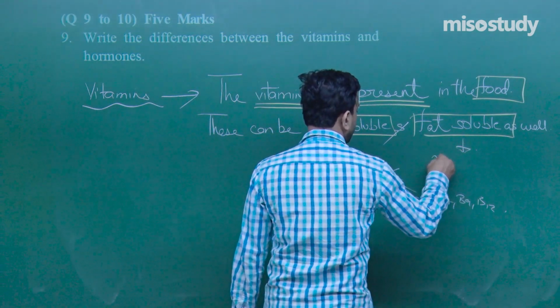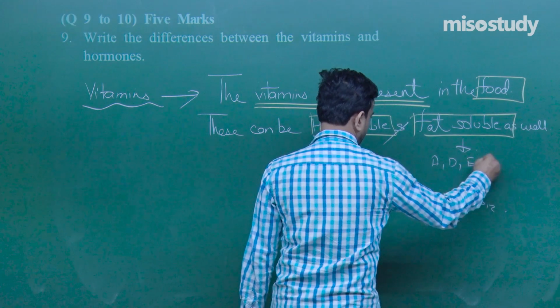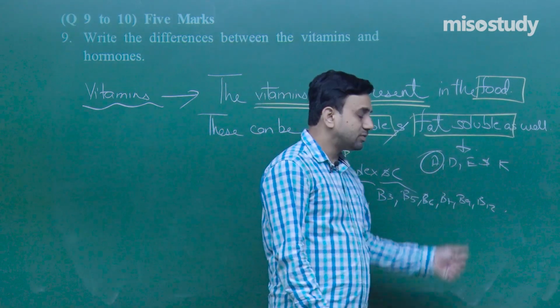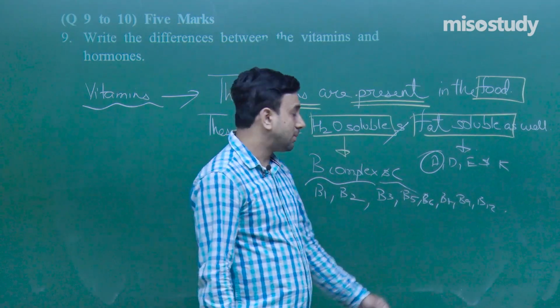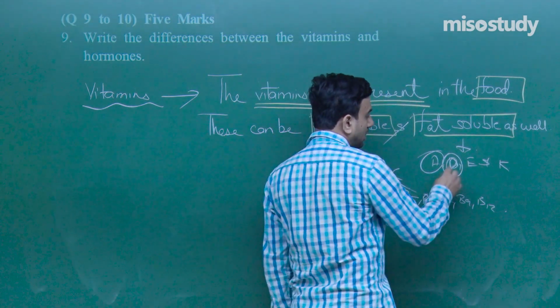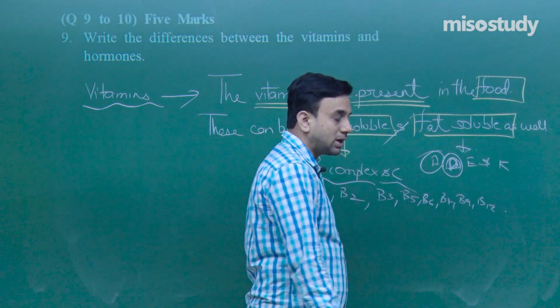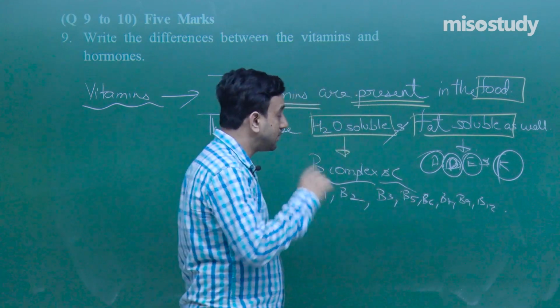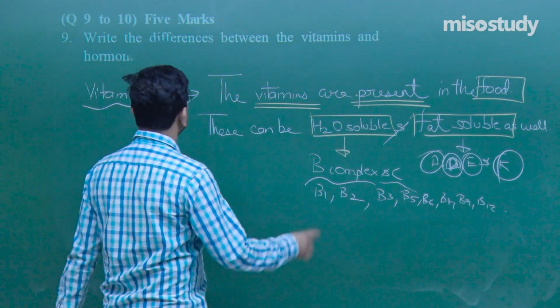The fat soluble vitamins are A, D, E and K. Vitamin A is also called retinol, and its deficiency leads to night blindness and xerophthalmia. Vitamin D deficiency causes rickets in children and osteomalacia in adults. Vitamin E is an antioxidant. K deficiency leads to delayed blood clotting.